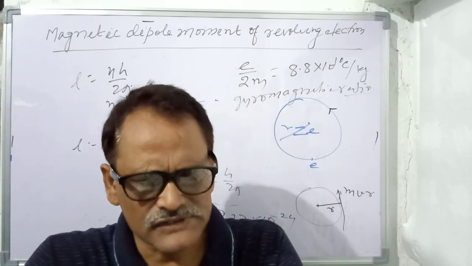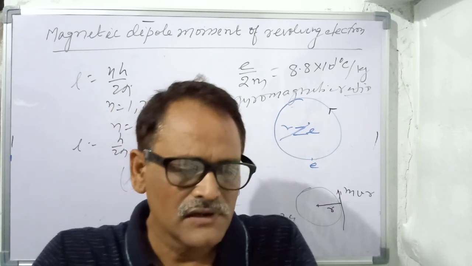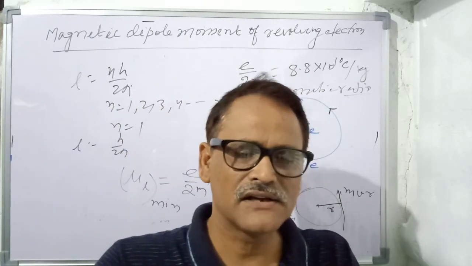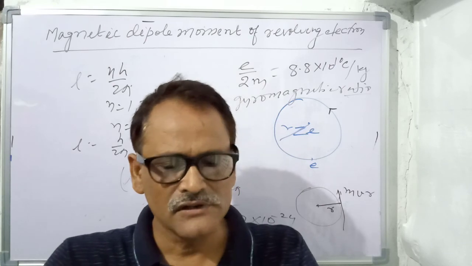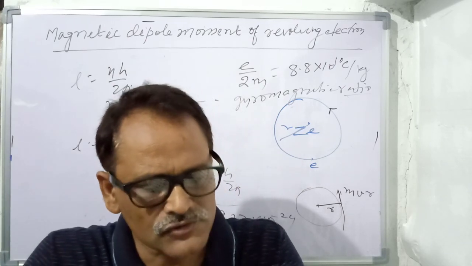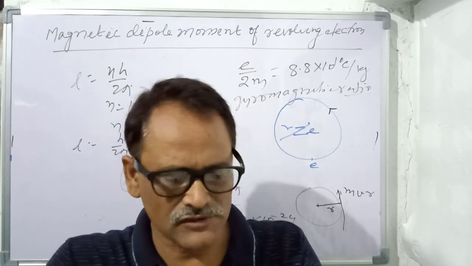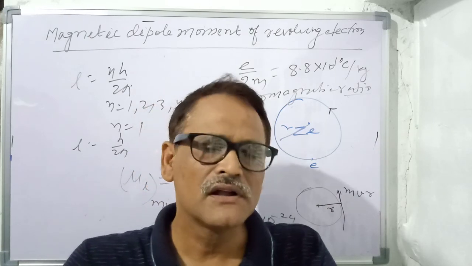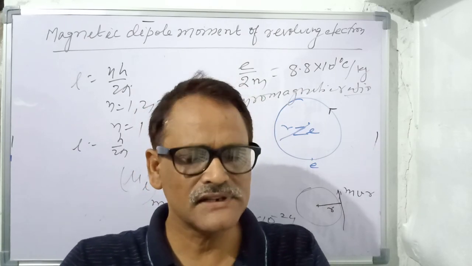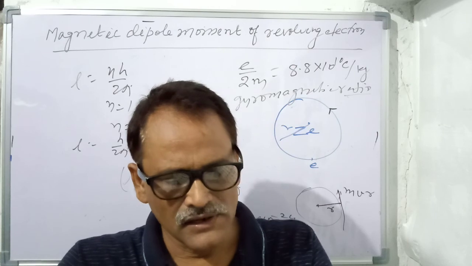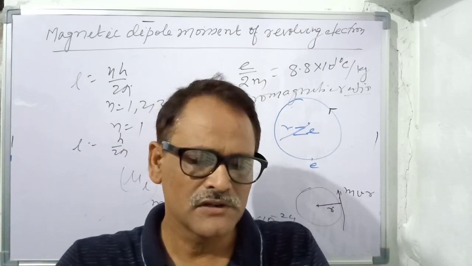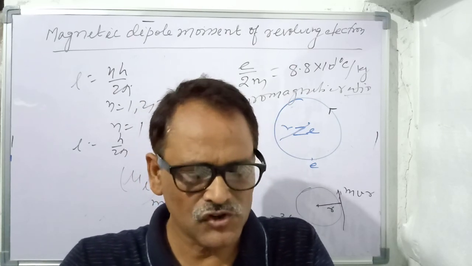You know that there are two types of motion. One is the intrinsic motion, that is the spin motion. There will be a magnetic dipole moment also due to that type of motion, and I will discuss it when I discuss the magnetic property of a substance.